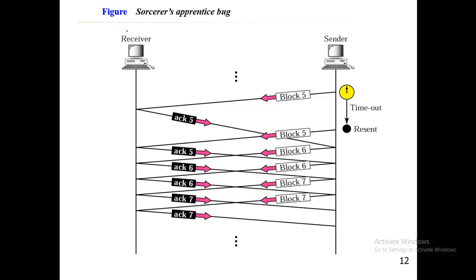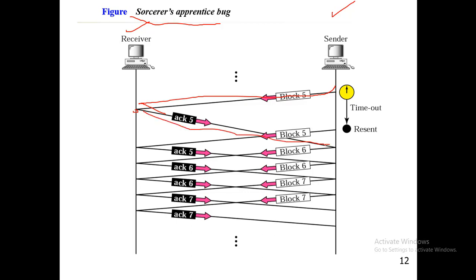So you can see this is the overall figure of the establishment of the connection. This is a receiver, this is your sender, and this is also known as the Sorcerer's Apprentice bug. You can see that the blocks are sent from the sender towards the receiver, and the receiver on receiving sends back an acknowledgement.